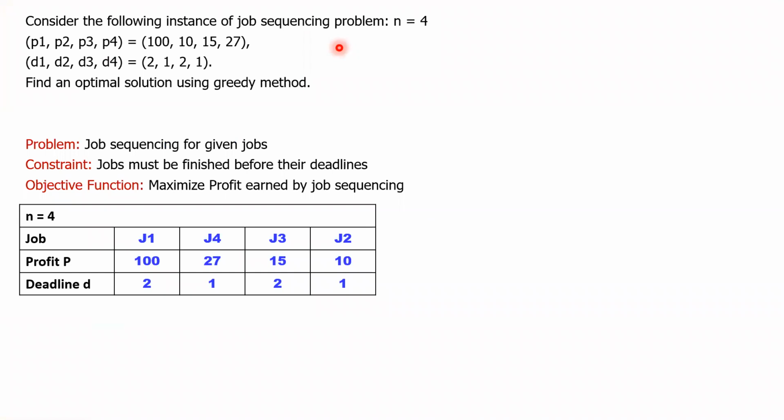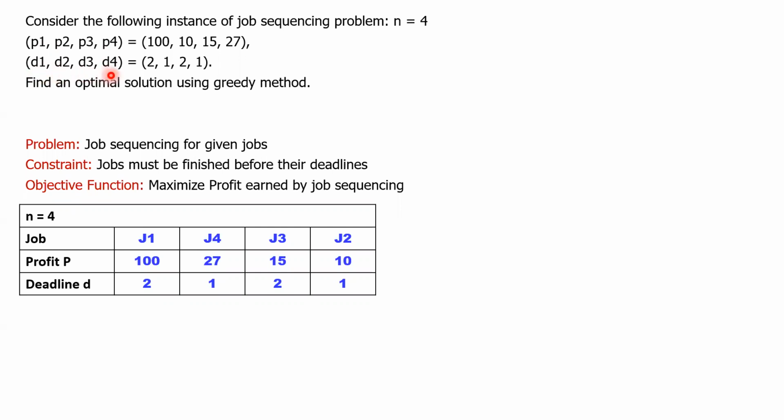So I'm going to discuss a sample problem for job sequencing. Consider the following instance of job sequencing problem, where the number of jobs is equal to 4, and there are profits and deadlines given for the jobs. P1, P2, P3, P4 are the profits of the 4 jobs: J1, J2, J3, and J4.